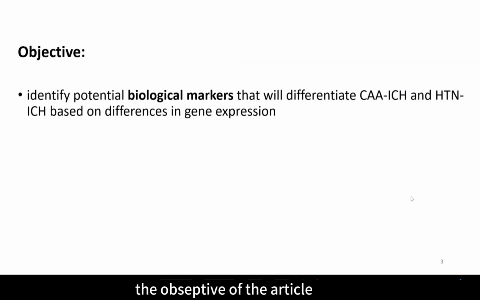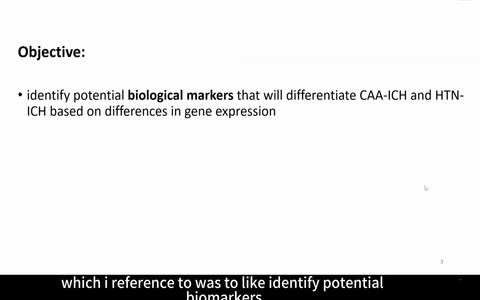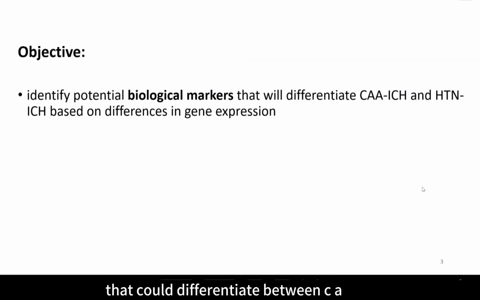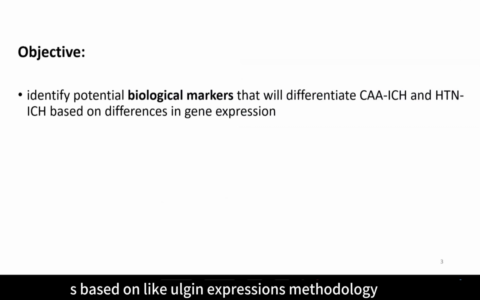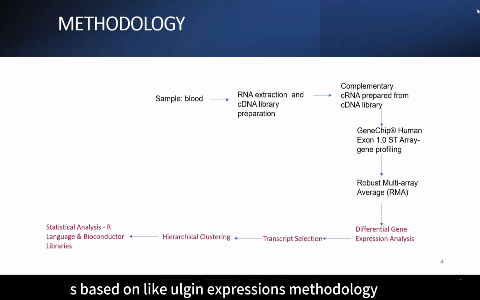The objective of the article which I referenced was to identify potential biomarkers that could differentiate between CAA and HTN ICH based on gene expression. Methodology.